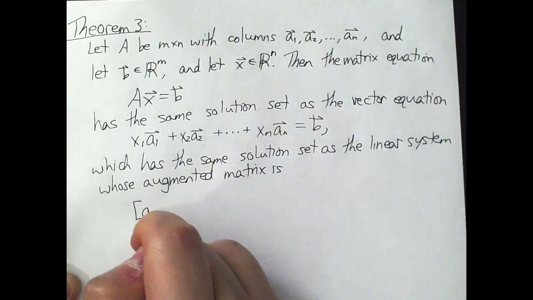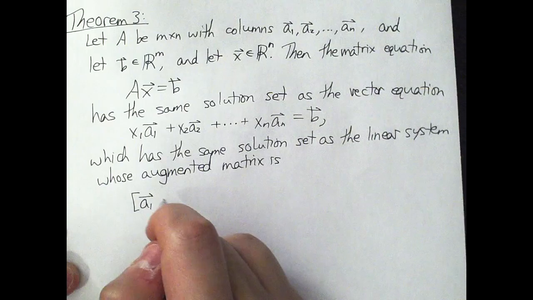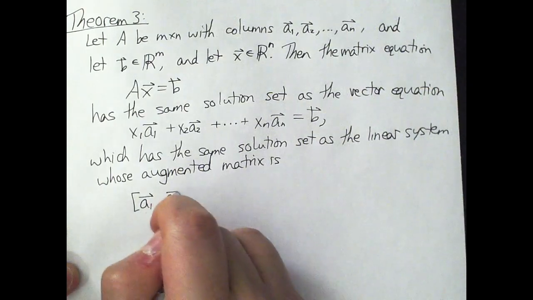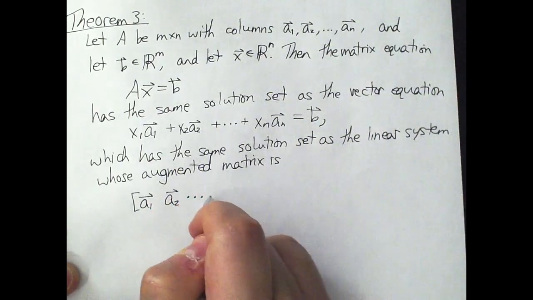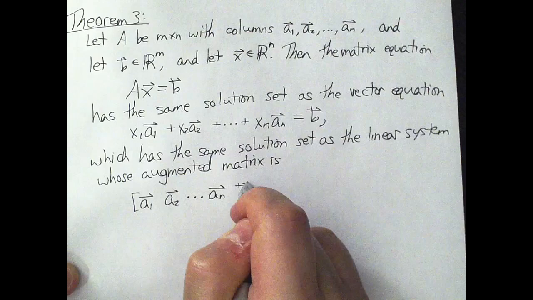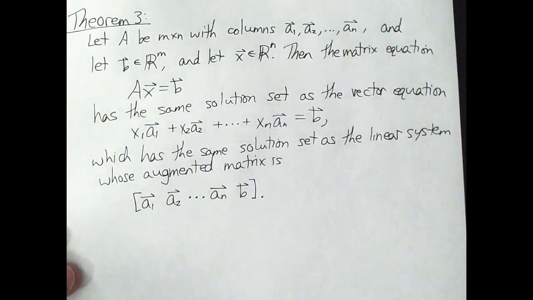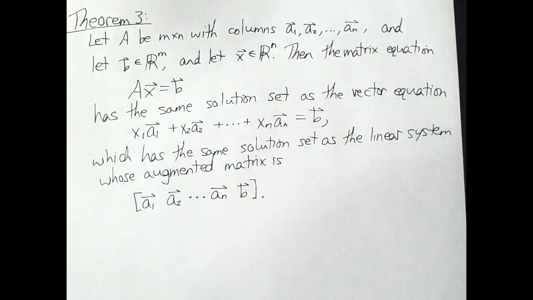Augmented matrix needs to have everything that the coefficient matrix has, and it also needs the last column to be the right-hand side. That's the end of this theorem. The theorem is basically saying what we have said above.